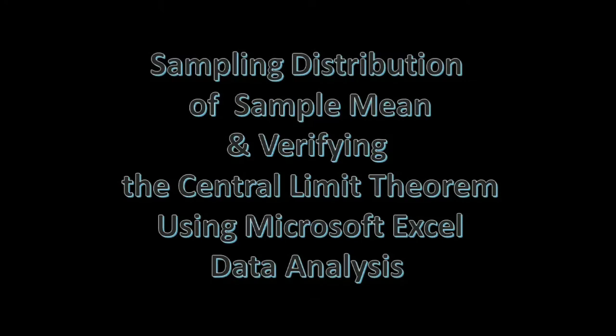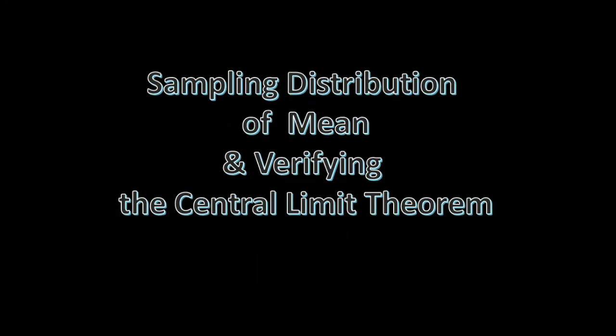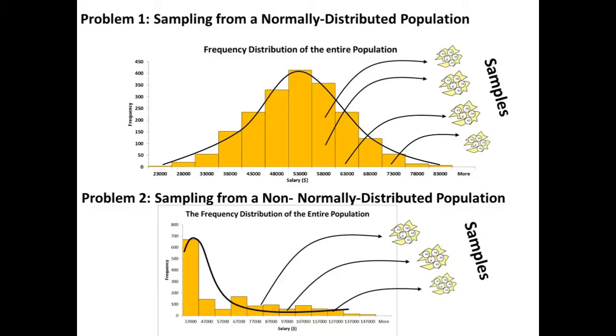Sampling distribution of sample mean, and verifying the central limit theorem using Microsoft Excel data analysis. In order to demonstrate how the central limit theorem works in the real world, let us take two examples.